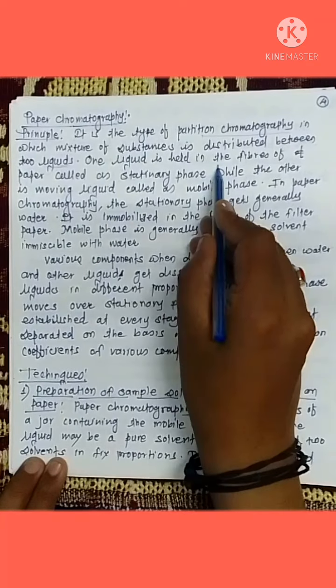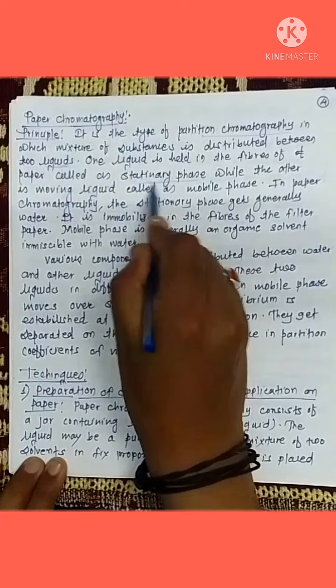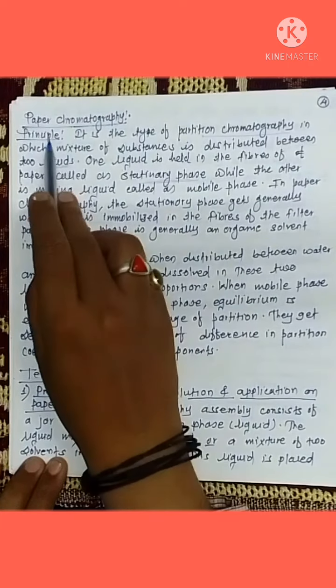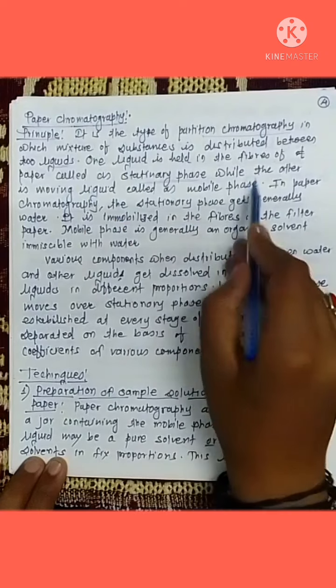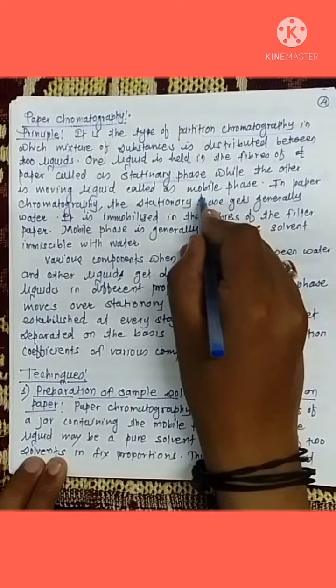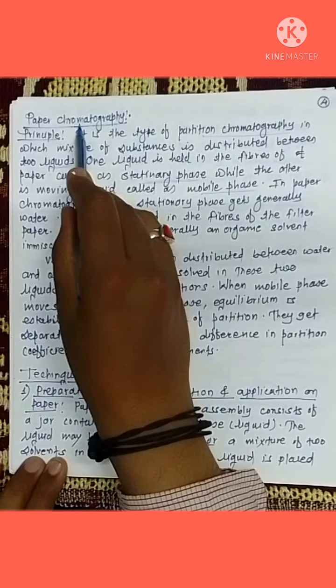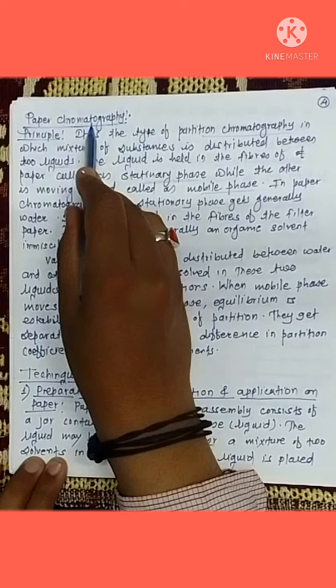One liquid is held in the fibers of paper, called the stationary phase. So in paper chromatography, your stationary phase is liquid, while the other is a moving liquid called the mobile phase. So paper chromatography is basically a type of liquid chromatography.